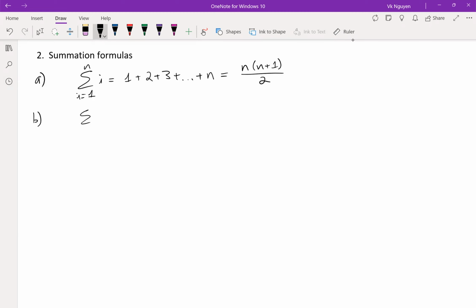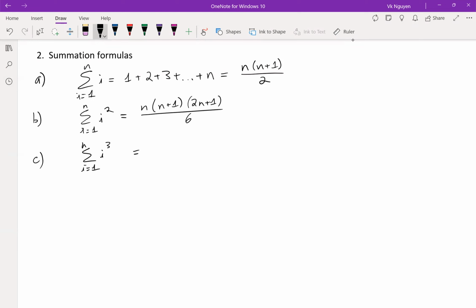B, summation I equal 1 to n of I squared equals n times n plus 1 times 2n plus 1 over 6. C, summation I equal 1 to n of I to the power 3.